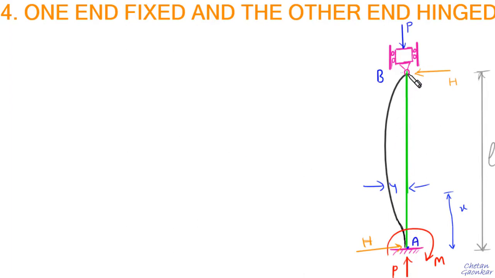But now, since one end is fixed and the other end is hinged, there will again be a resisting bending moment M naught generated here, and there will be no horizontal reaction forces in this case.